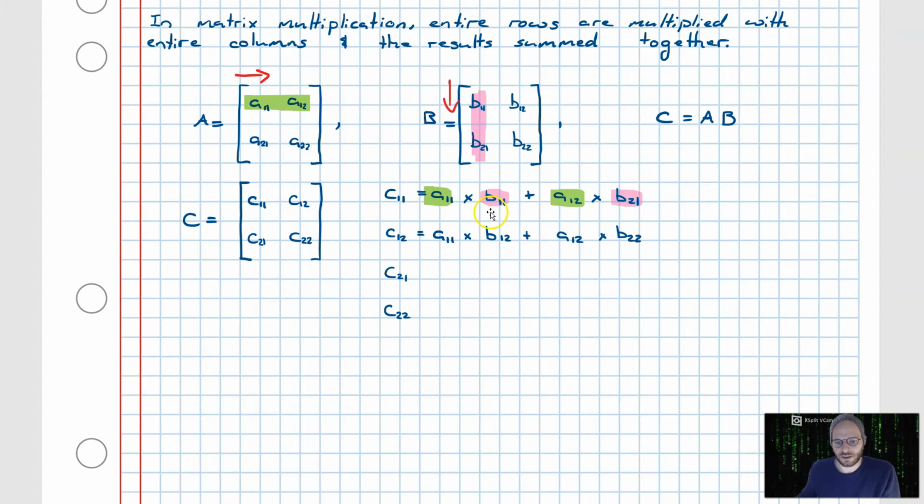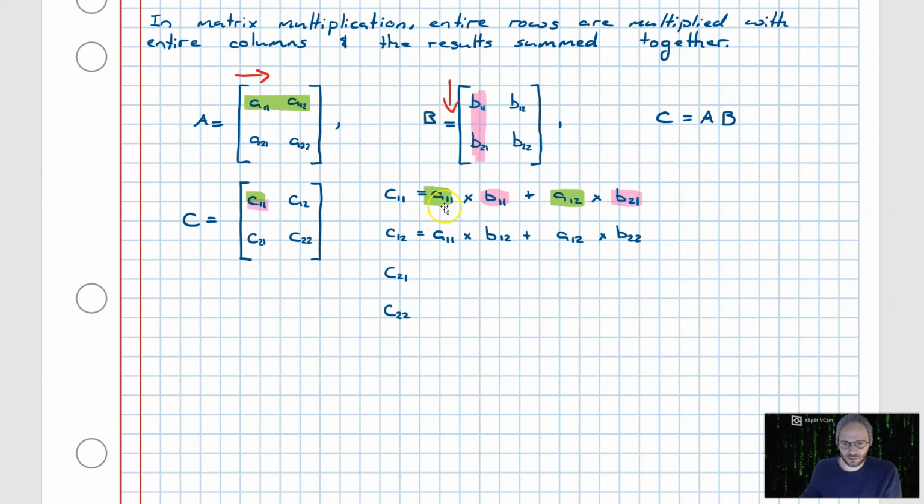Multiplying these together, they're going to give us the first element, so element 1,1 in matrix C over here. So element C11 is the result of the product of the first row and the first column of matrices A and B.